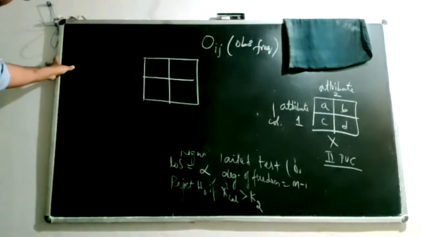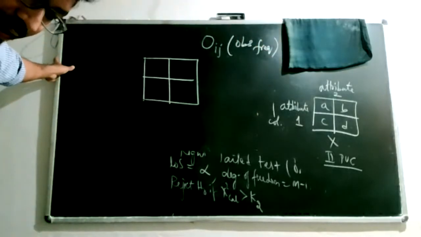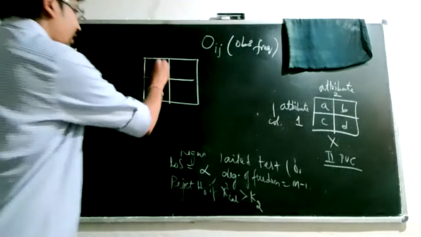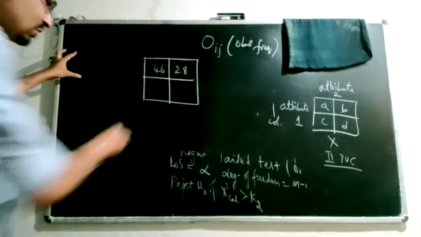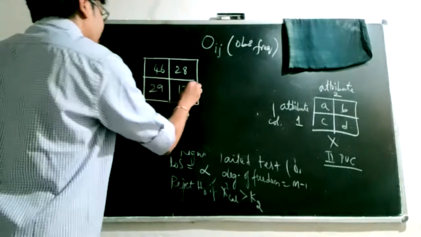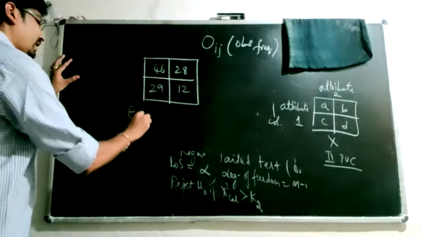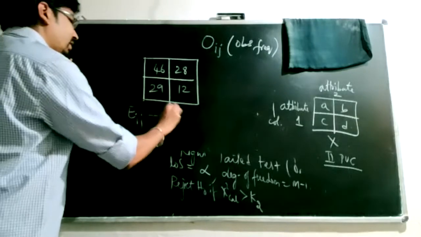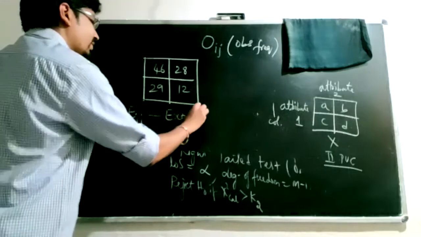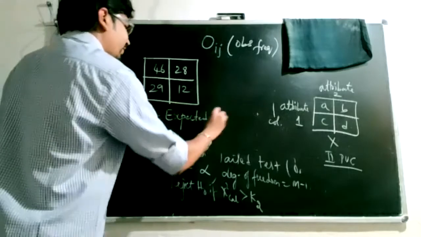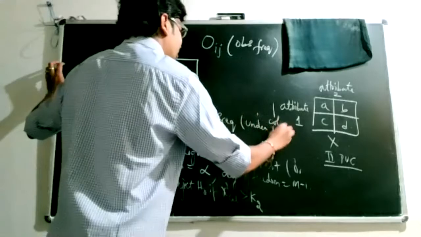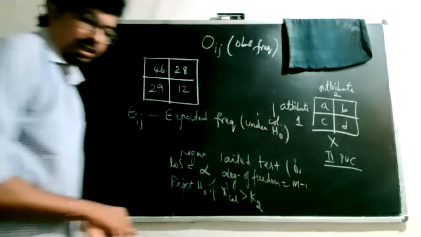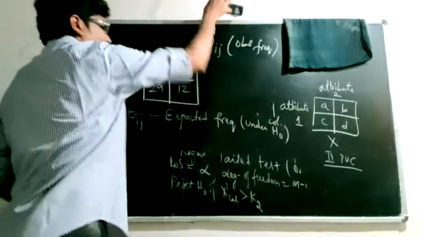And now we have to look into the Eij values, which are the expected frequencies under the assumption that the null hypothesis is true. So Eij indicates the theoretical frequencies, which we call expected frequency, under the assumption that H0 is true.